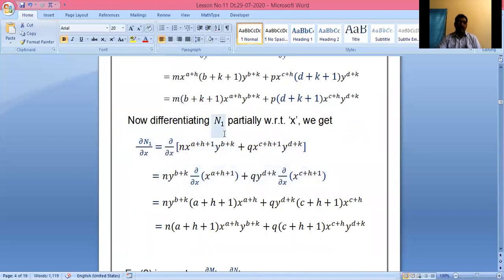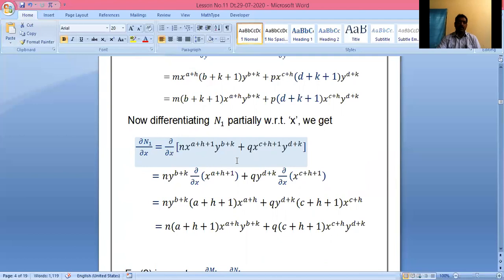Now differentiating N1 partially with respect to x, we get ∂N1/∂x = ∂/∂x of [n x^(a+h+1) y^(b+k) + q x^(c+h+1) y^(d+k)]. Here, differentiating partially with respect to x, treating y as a constant.